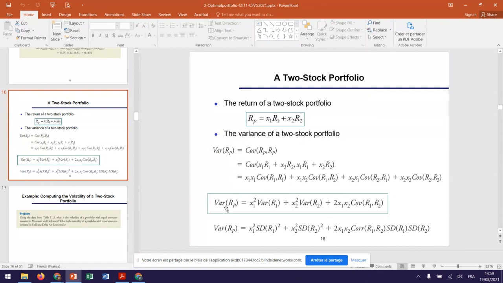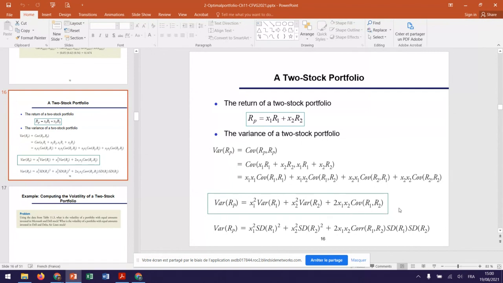If you want to highlight it, the variance of your portfolio is equal to X1 square variance R1 plus X2 square variance R2 plus 2X1X2 covariance R1R2.